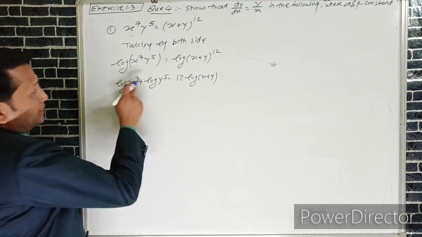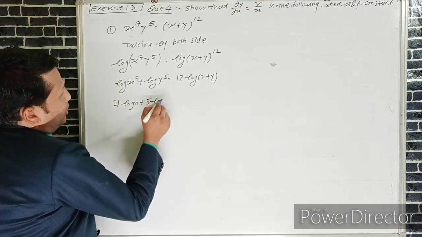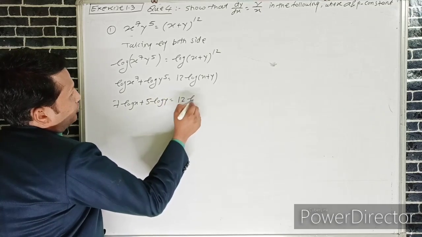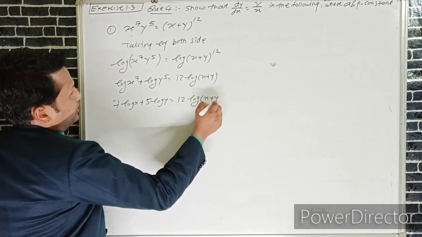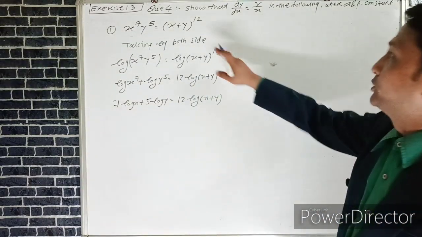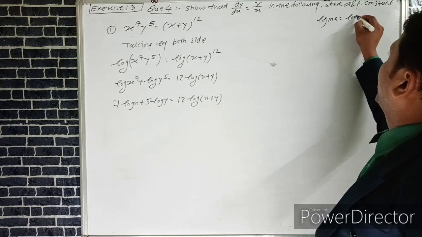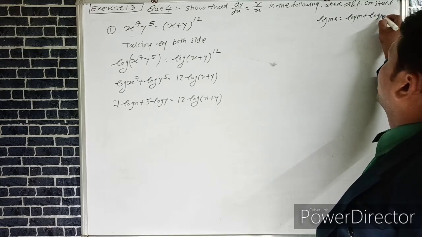Here again we can write 7 log x plus 5 log y is equal to 12 log of x plus y. We use the rules of logarithm here. First we apply log of m into n, which is log m plus log n.